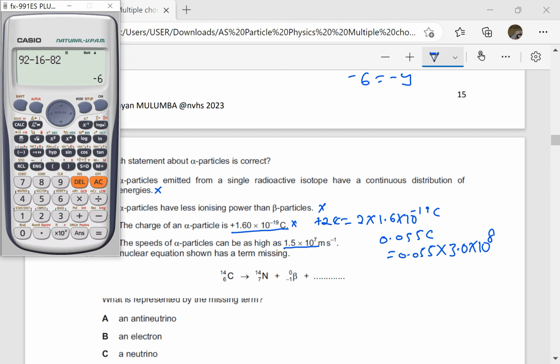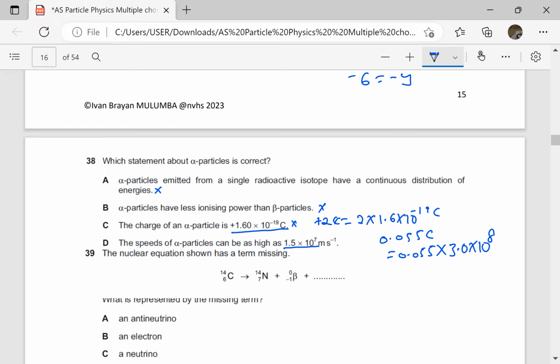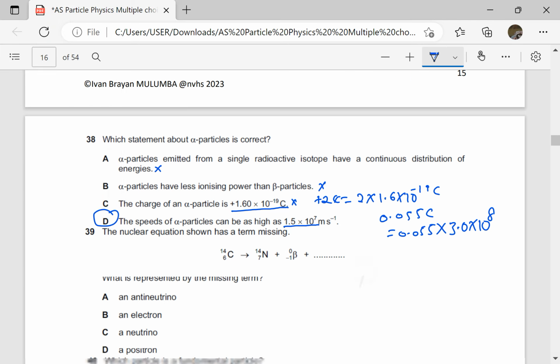Let's verify. 0.055 times 3 exponent 8 is 1.65 times 10 power 7. So that is correct. It is approximately this power of 7.